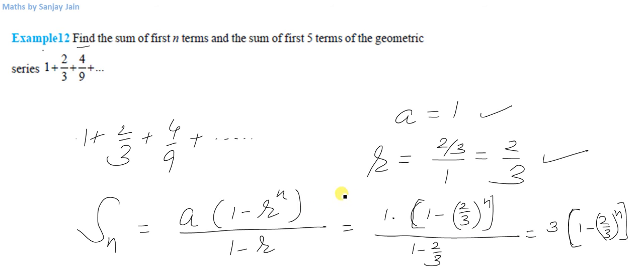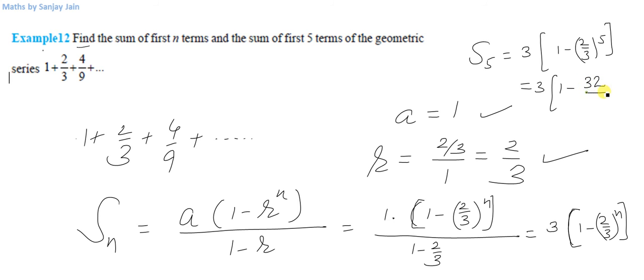Now what will be the sum of the first 5 terms of this GP? I just need to replace this n with 5. So S5, the sum of the first 5 terms, will be equal to 3 into 1 minus 2 by 3 raised to power 5. And what is it exactly? 2 raised to power 5 is 32. 3 raised to power 5 is 243.